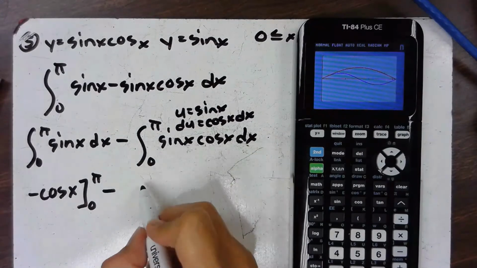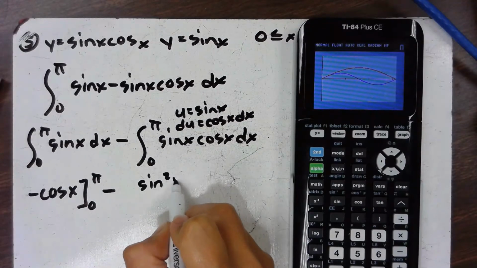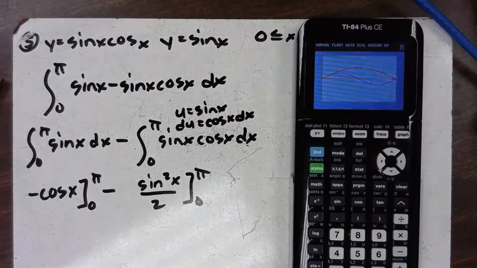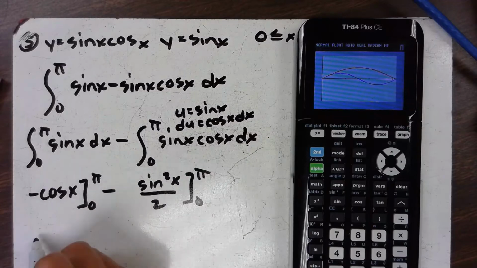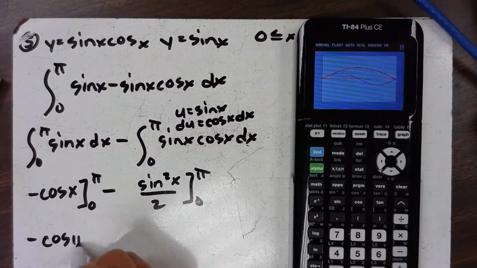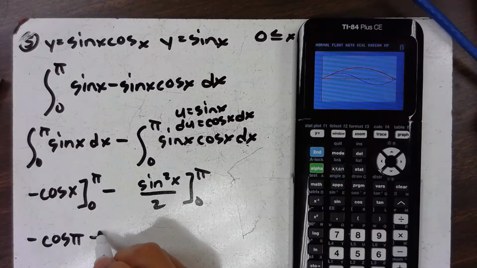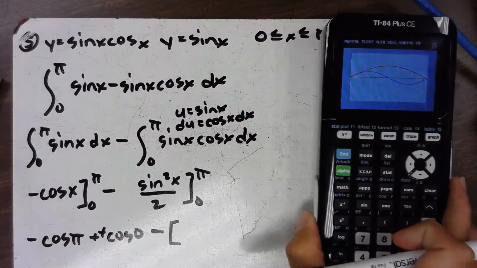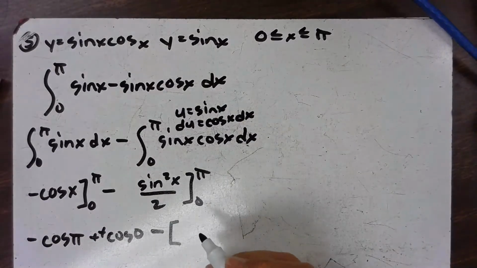So this is actually going to be sine squared x over 2 from 0 to pi. All right, so here, negative cosine pi minus negative cosine 0. This is minus all of this, so I've got to put it in brackets or parentheses.